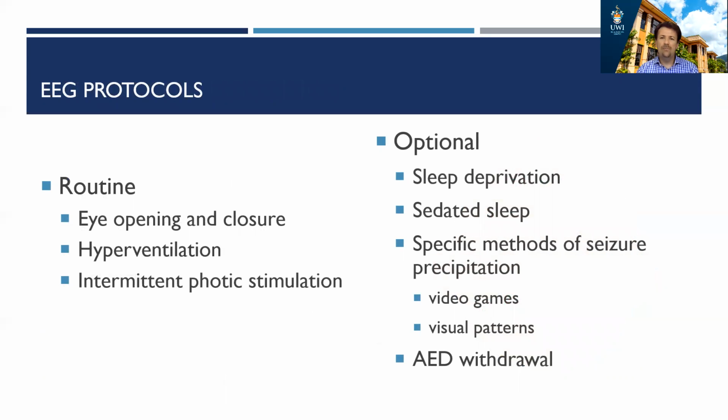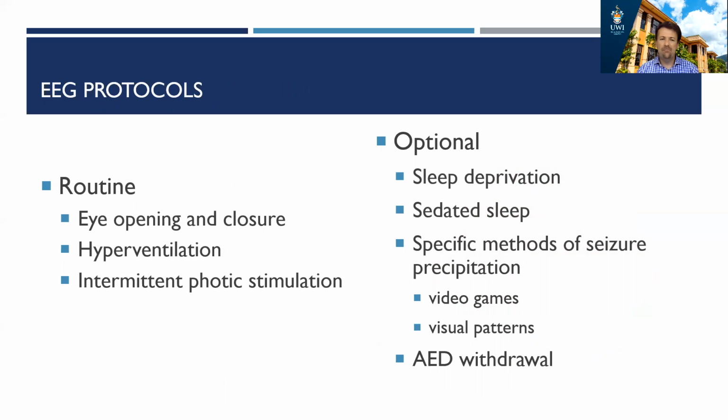Now, when someone comes for an EEG, there are some routine things that we ask them to do. Often we'll ask them to record with their eyes open and then also with their eyes closed. We can also ask them to hyperventilate, and I want you to go and research what will happen to the EEG when a person hyperventilates.